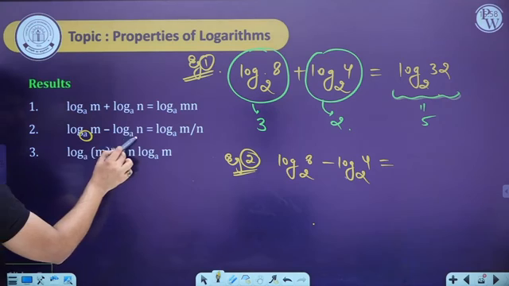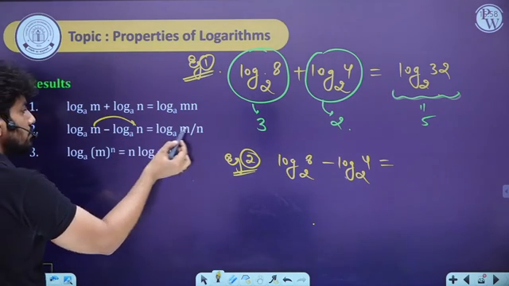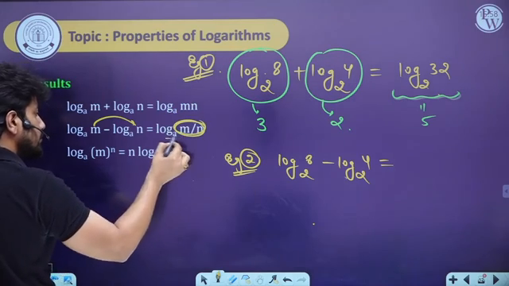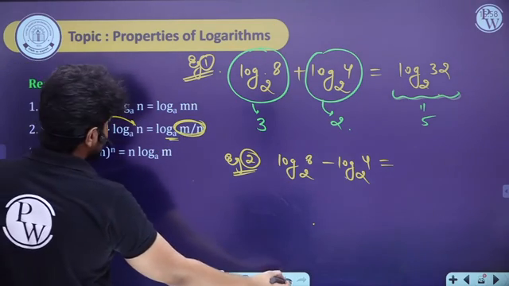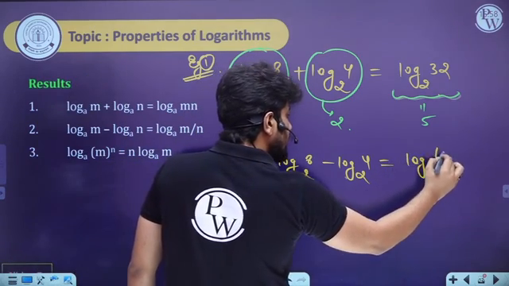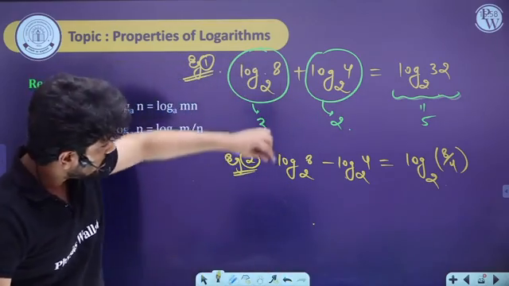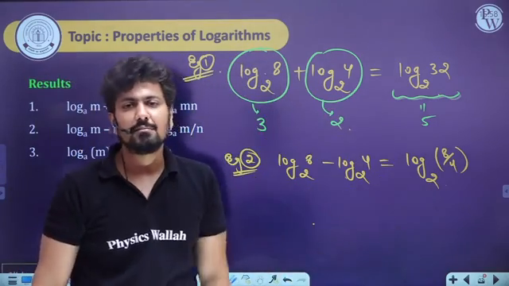Here the base is a, and here the base is also a. Then we divide these two numbers: log of m by n to the same base a. In a similar way, this should be equal to log of 8 by 4 to the same base 2.